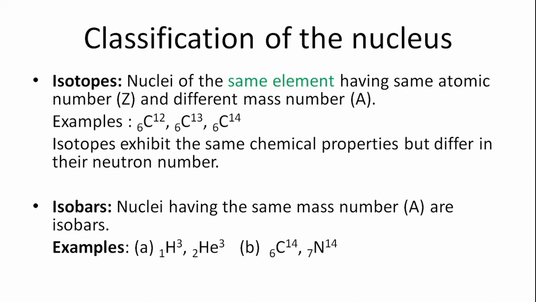Here you can observe their mass numbers are the same, mass number 3, but their atomic numbers are different. Another example is carbon-14 and nitrogen-14. Here also carbon and nitrogen have the same mass number but different atomic numbers, and therefore their chemical properties also will differ.